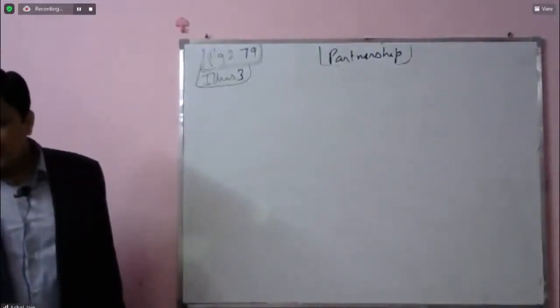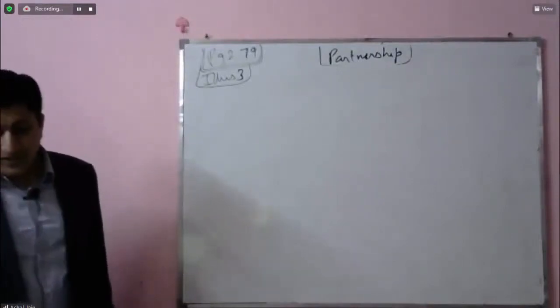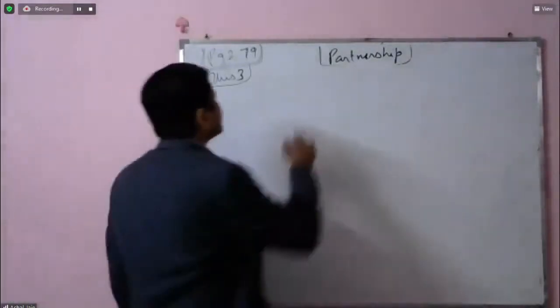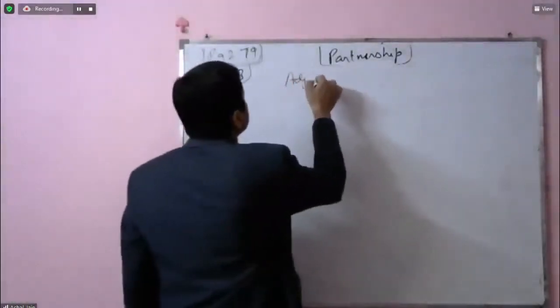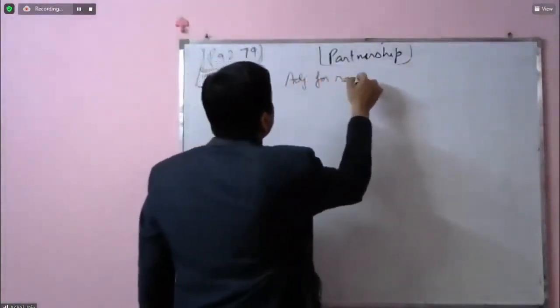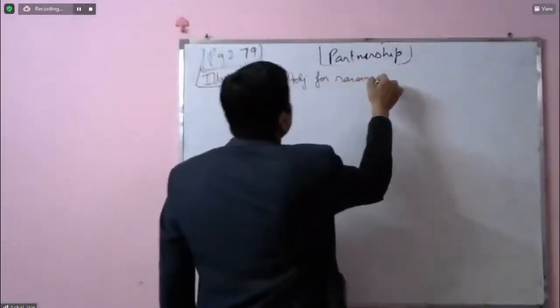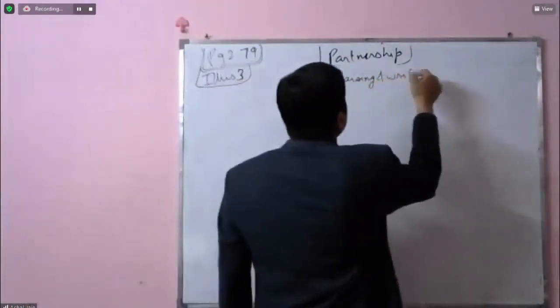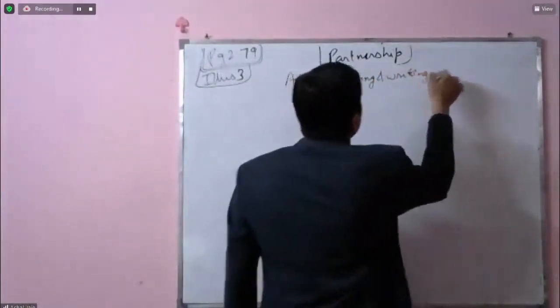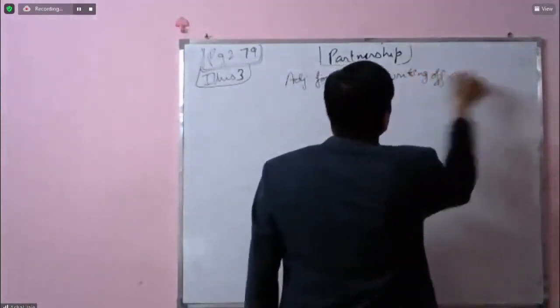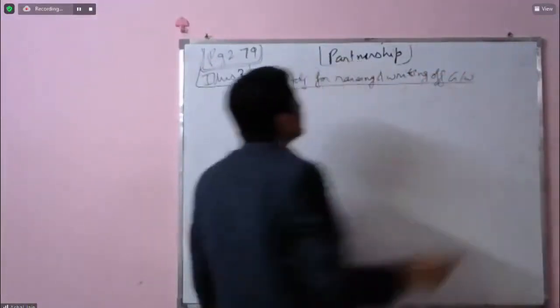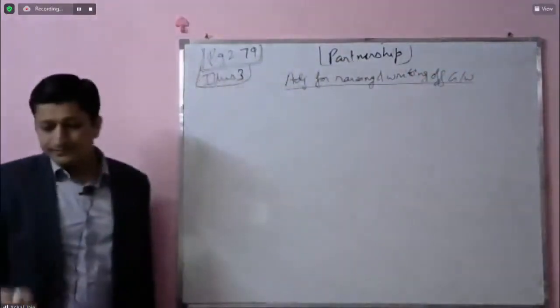So for this, we will look at the adjustment for raising and writing off of goodwill. Because this is also required by the question.